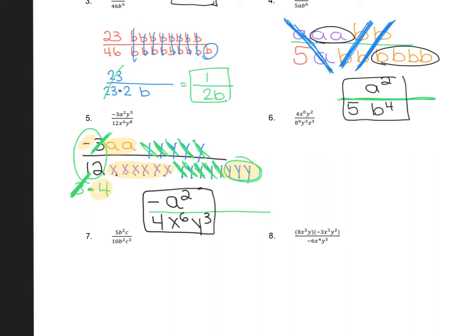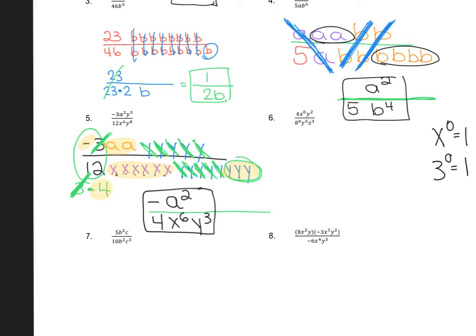All right, now there's something very important in number 6 that we have to kind of draw attention to before we start this problem. Anything to the 0th power, say x to the 0th power is equal to 1. Say 3 to the 0th power is equal to 1.